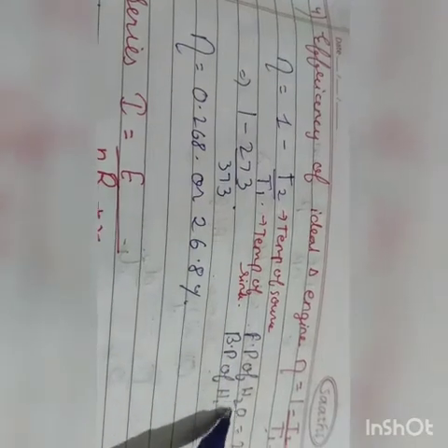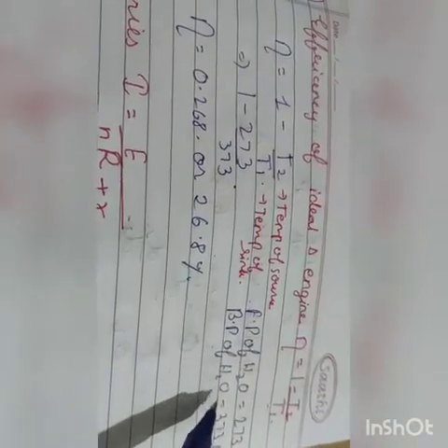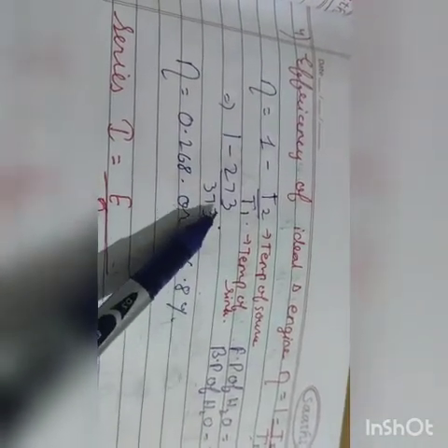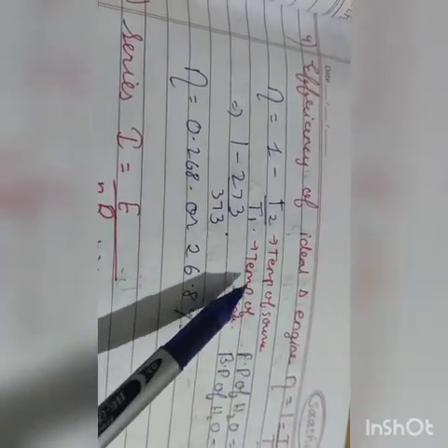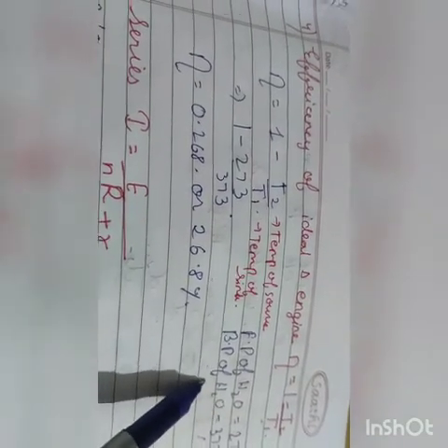We know that the freezing point of water is 273 as we take it in Kelvin, and boiling point is 373. So 1 minus 273 by 373, as here our source is the freezing point of water and our sink is considered as the boiling point of water.